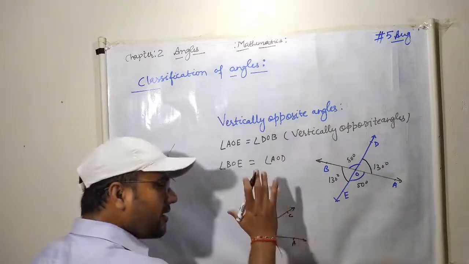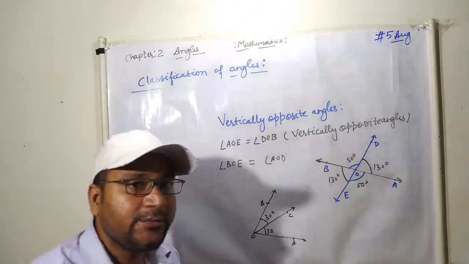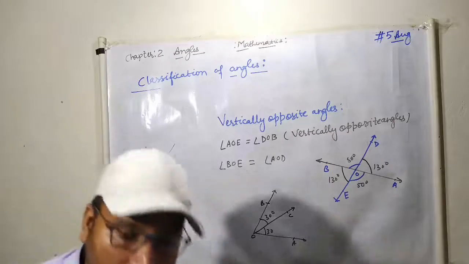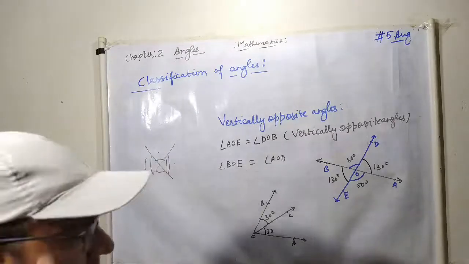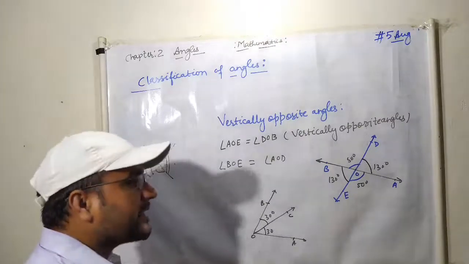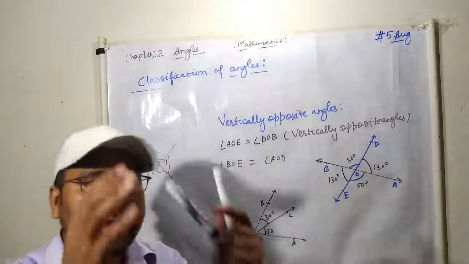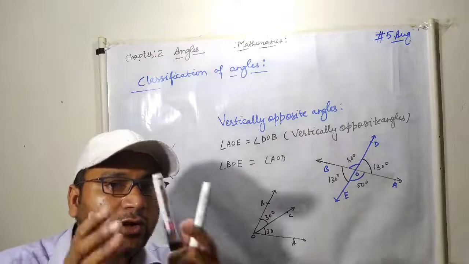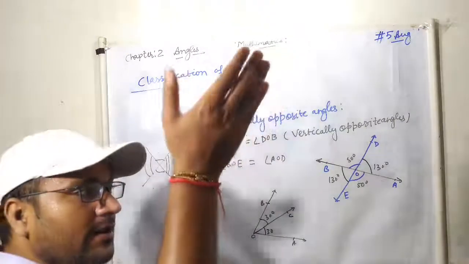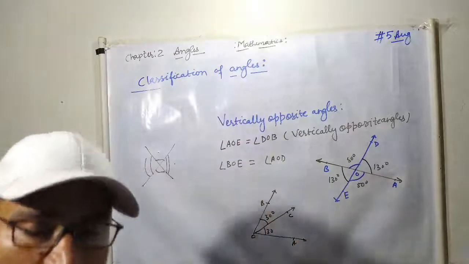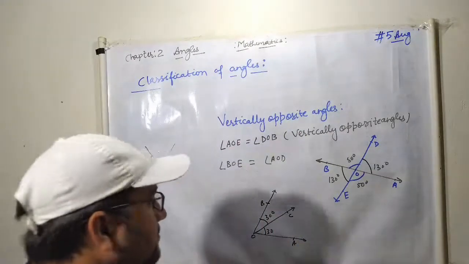Bisector means it divides the given angle into two equal parts. Bisector of an angle means that angle is divided into two equal parts. And bisector of a line means that the line is divided into two equal parts.